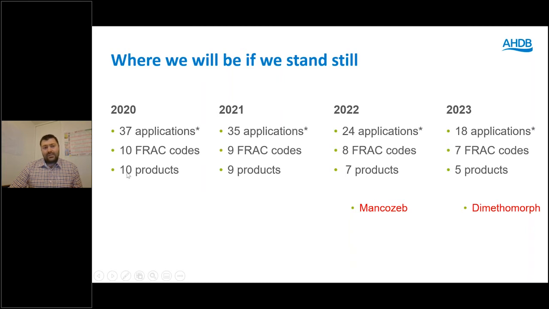So if you look at 2020 here, we've got 10 products. By 2023, we've halved them. And we only have 7 FRAC codes, of which, if Mancozeb is withdrawn completely from GB and Northern Ireland, obviously we have no multisites that we can include in our fungicide programs.